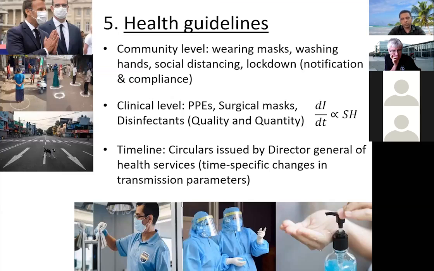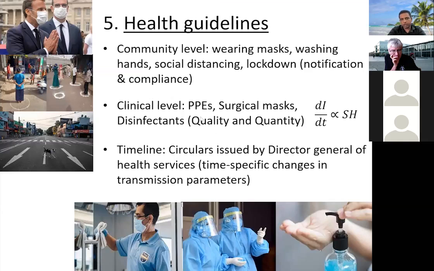Let's say you are going to take a modeling case, like infected cases relating susceptibles and hospitalized cases. We can ignore this if there is a high-quality breaking point between patients and medical staff in the hospitals, because of good quality and quantity of PPE, surgical masks and disinfectants.